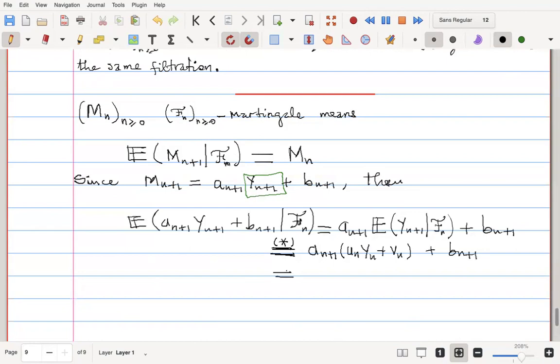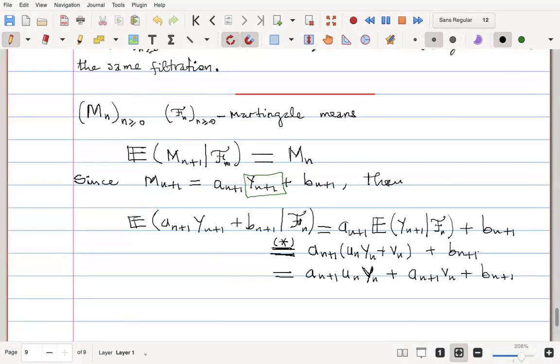And if we expand that expression, it gives us a_{n+1} u_n Y_n plus a_{n+1} v_n plus b_{n+1}.